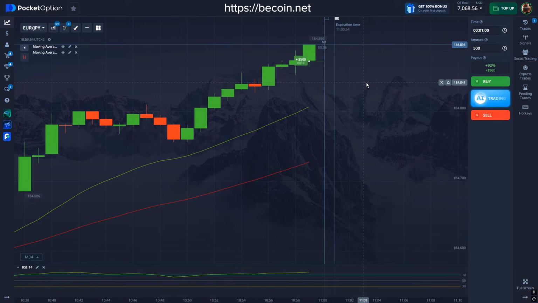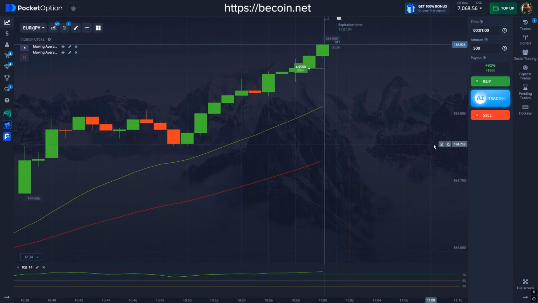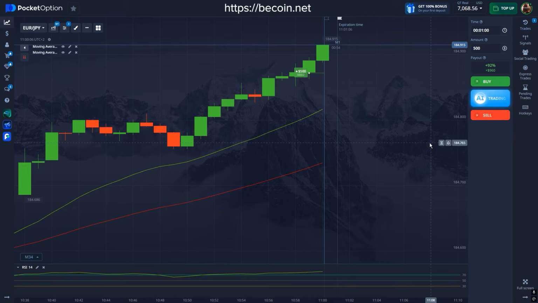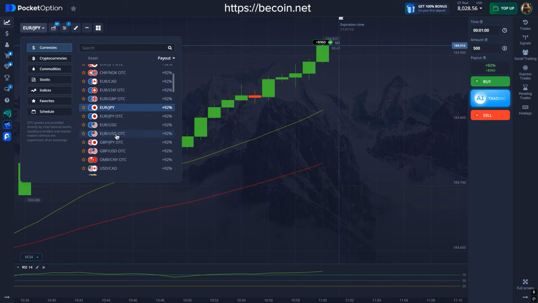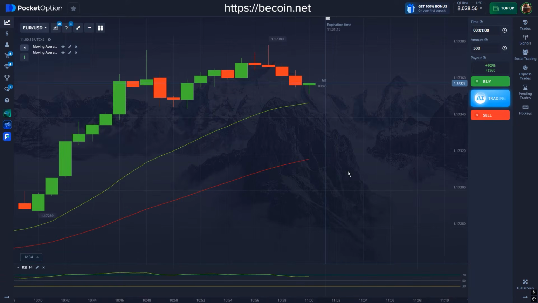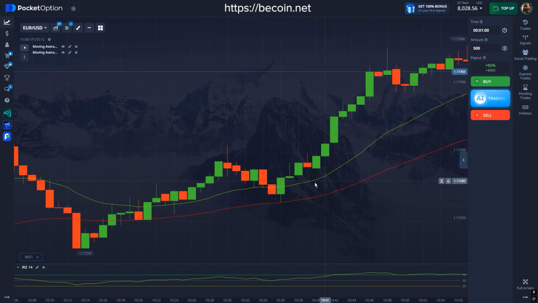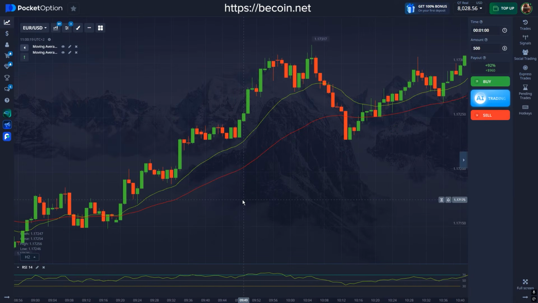The setup is strong, momentum is aligned, and everything points toward buyers dominating this move. That's a winning trade. I think it's time we move on to another currency pair and dive straight into the analysis. Okay, time to flip to a new pair.